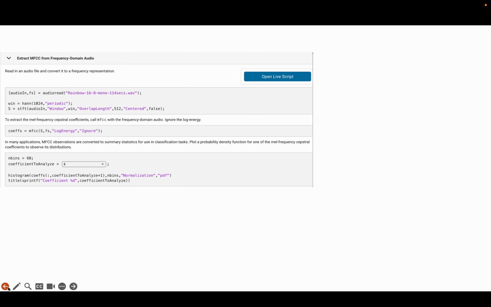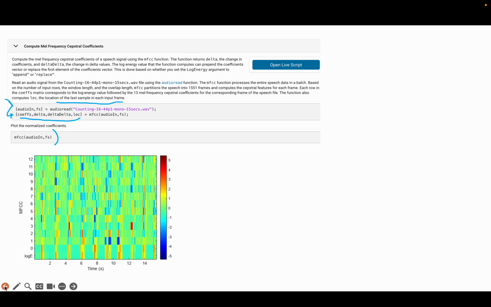And by the way, in the previous example, it's giving you an output of the coefficients, delta, and delta-delta. Those are useful if you want to use them as input to a machine learning system. You get those out of this calculation.